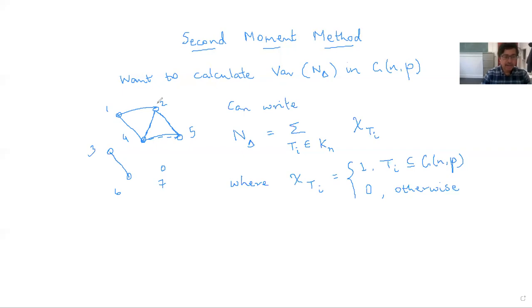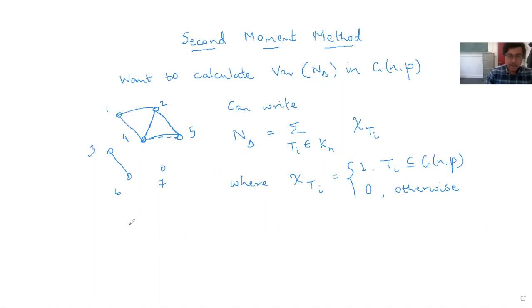So in this case, triangles 1, 2, 4 and 2, 4, 5 are present. Okay, and if this edge 1, 5 were present, then two more triangles 1, 2, 5 and 1, 4, 5 would also be present. But anyway, in this particular picture, there are two triangles present. And for those two, the indicators are 1. And for all other potential triangles, the indicator is 0. Okay, and by adding up the indicators, we get the total number of triangles. Good, so that's the notation.